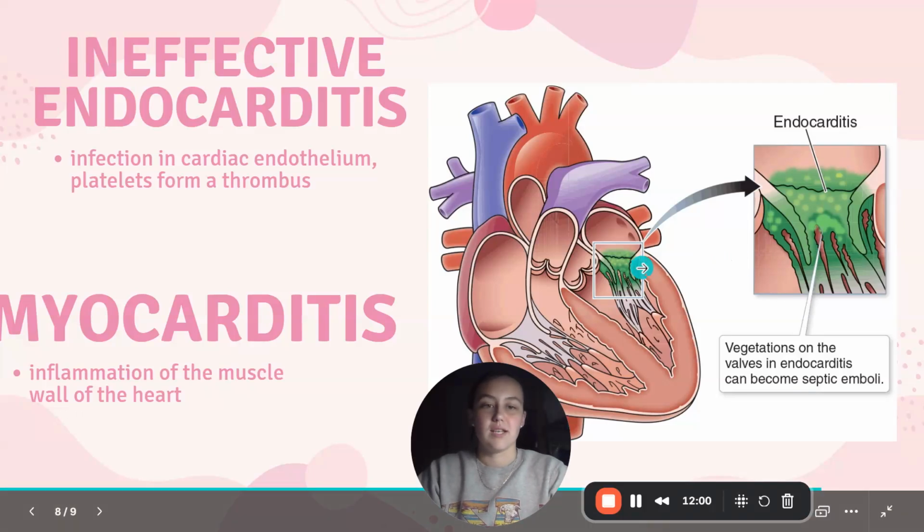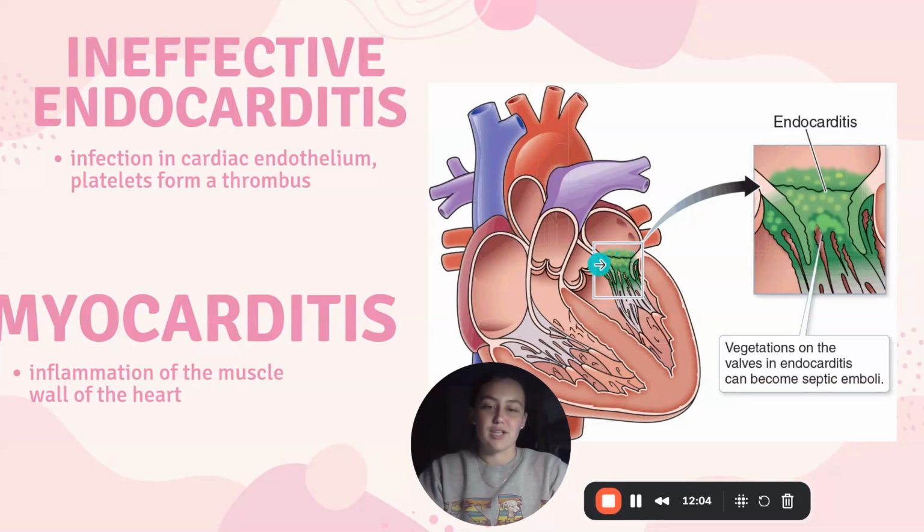So just like right here, the endothelium here, there's just an infection in there. And there's going to be inflammation because it's an itis, endocarditis. So endothelium of the cardiac muscle, itis, it's inflamed. There's an infection, right? Platelets form, they form a thrombus, they form a blood clot, and it's bad.